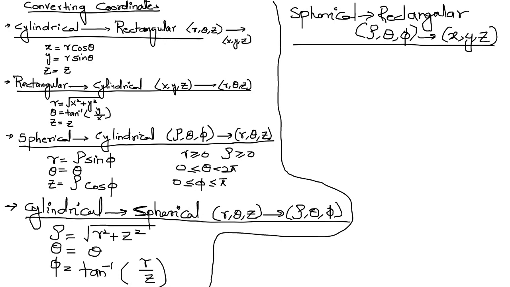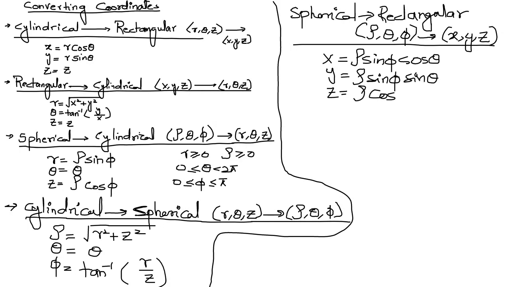So which formulas will you use? x, y and z you have to find. Okay, so rho sine of phi cosine of theta, rho sine of phi sine of theta, and rho cosine of phi. So these are the formulas when you have spherical coordinates and you want to change into the rectangular coordinates.